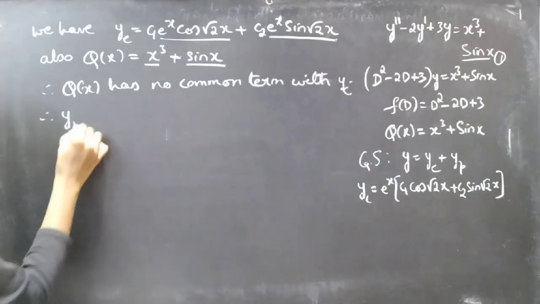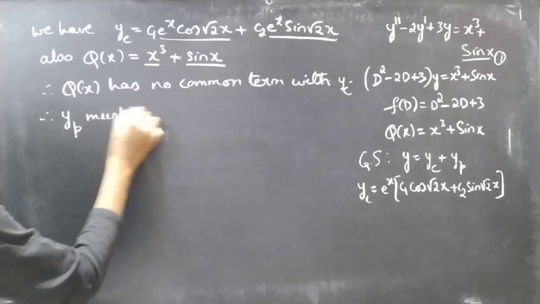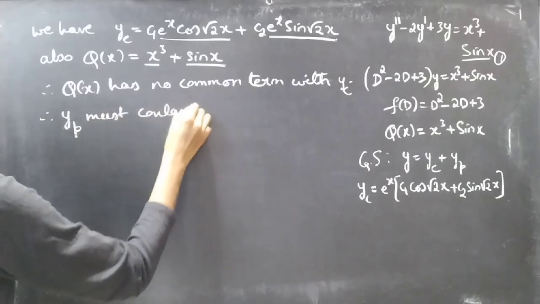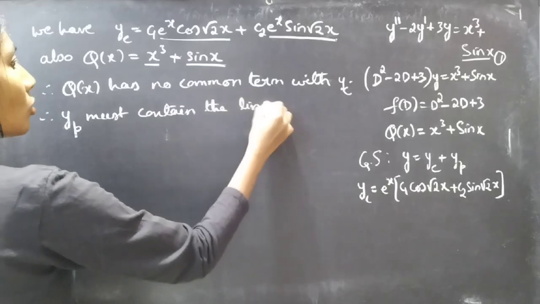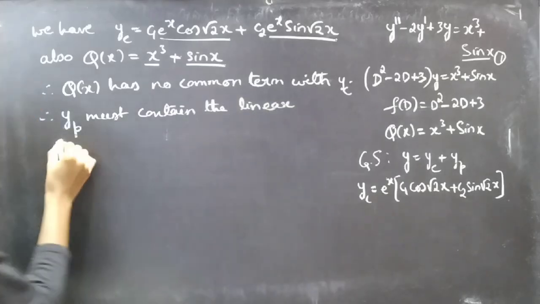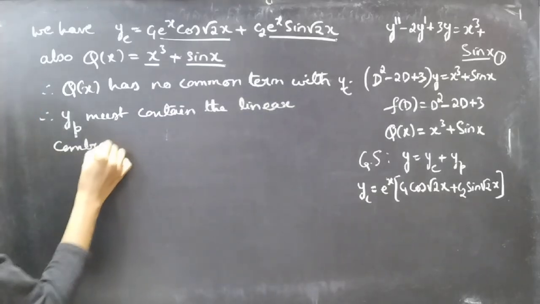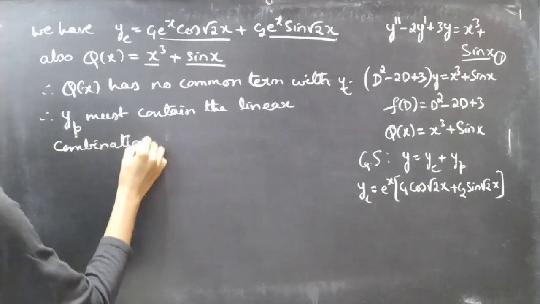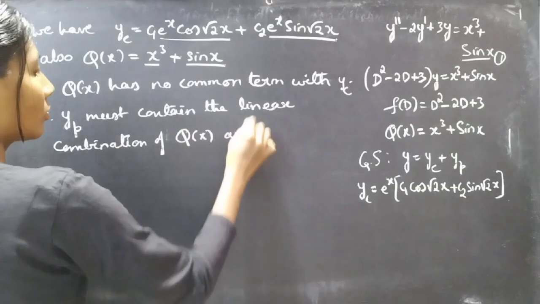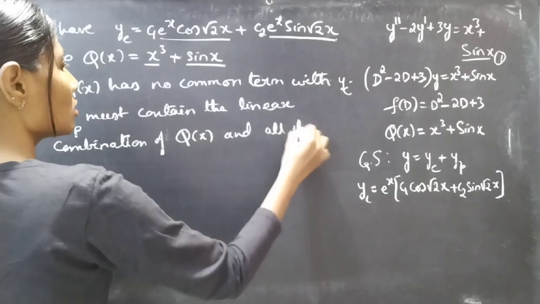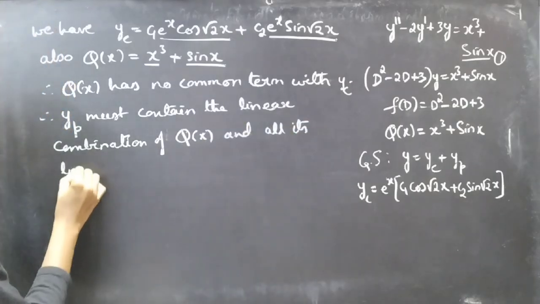Therefore, yp must contain the linear combination of q of x and all its linearly independent derivatives.